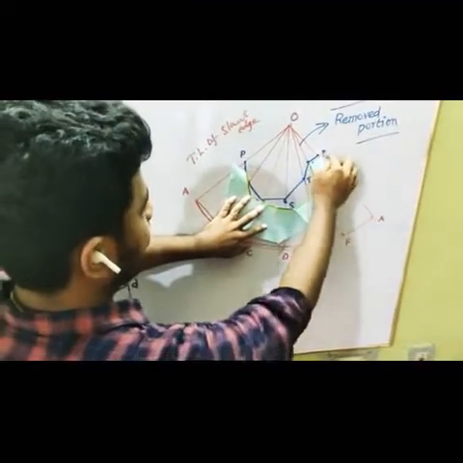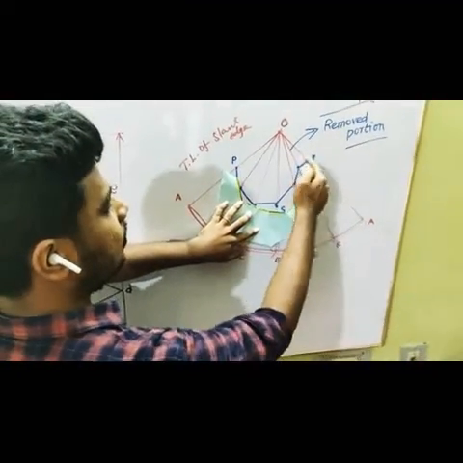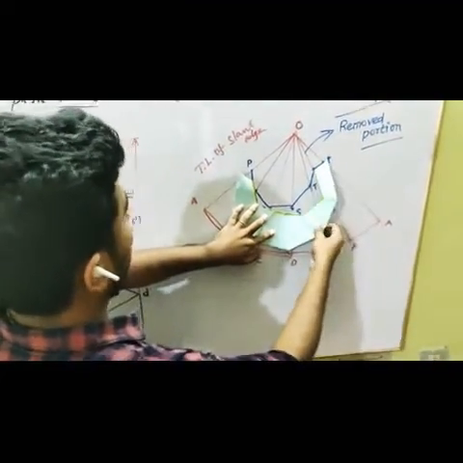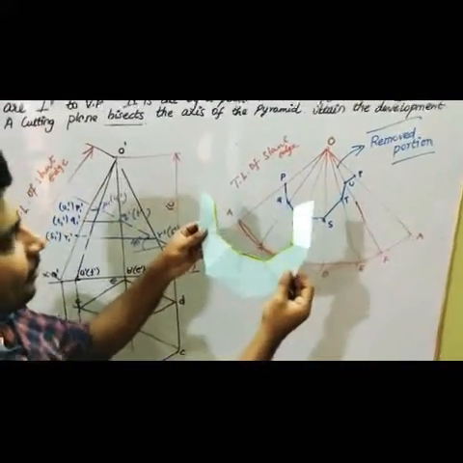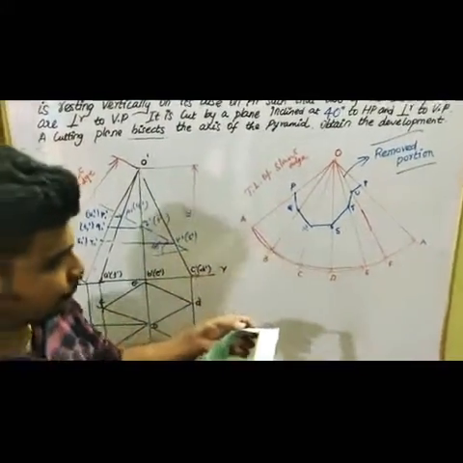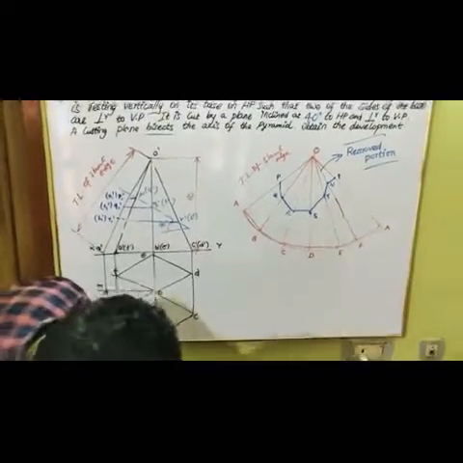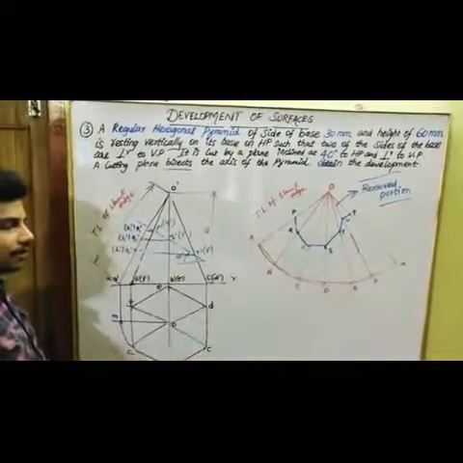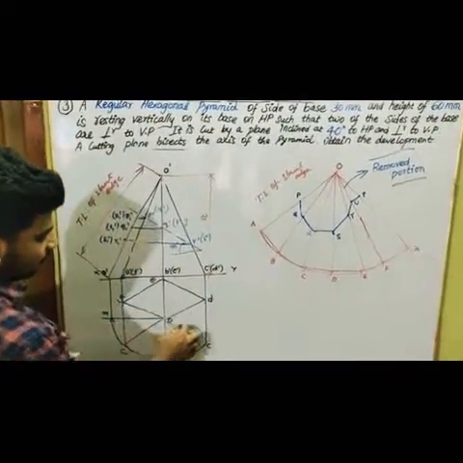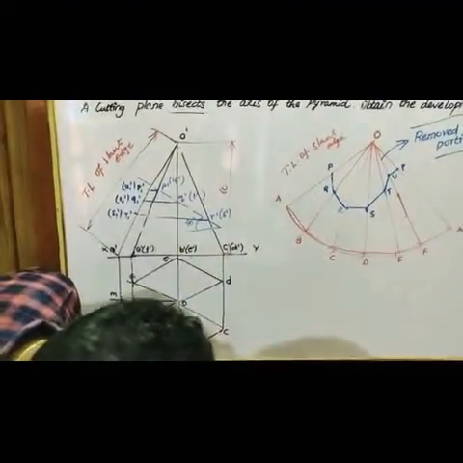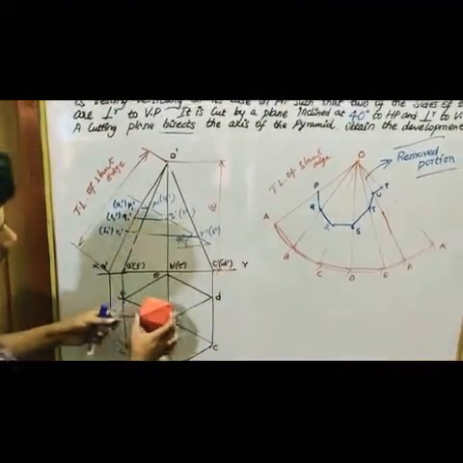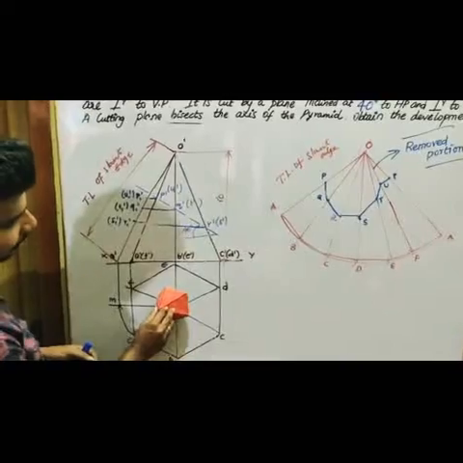So this is your cutting edge, and you can see this is the cutting edge of your hexagonal pyramid, right? Now what you have to do, the same way as you did for the hexagonal prism, is draw the sectional, removed section of your pyramid. So this is your removed section that you have to show here.